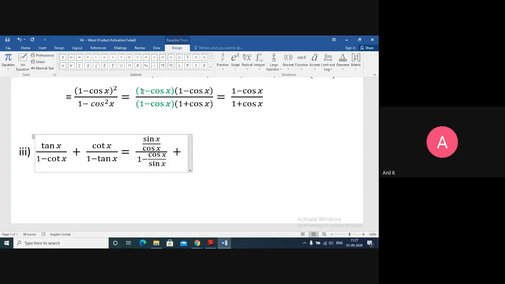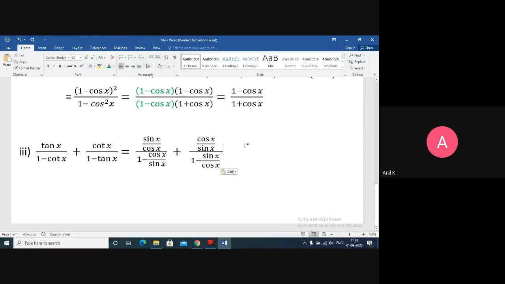Now again, cot x will come as cos x upon sin x, upon 1 minus tan x. So the first step I have done is converted into sine and cos.